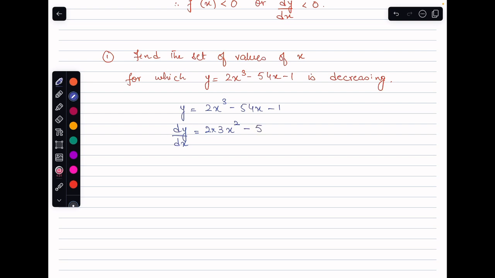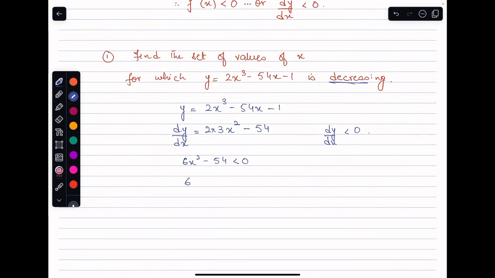Here I will be left with minus 54, since x to the power 0 equals 1, and the minus 1, the constant, gets eliminated. So if this is a decreasing function, then this dy by dx needs to be less than 0. So this means that 6x squared minus 54 should be less than 0.